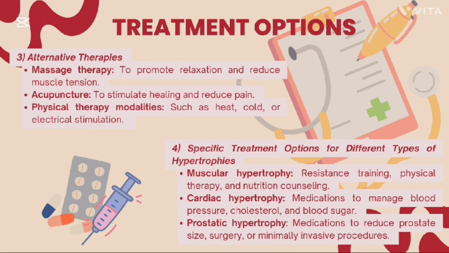The third one is alternative therapy, which includes massage therapy, acupuncture, and physical therapy modalities. And the last one is specific treatment options for different types of hypertrophy. For example, for muscular hypertrophy, we can use training and physical therapy. For cardiac, we can use blood sugar and blood pressure management. And for prostatic hypertrophy, we use medicine to reduce the prostate.